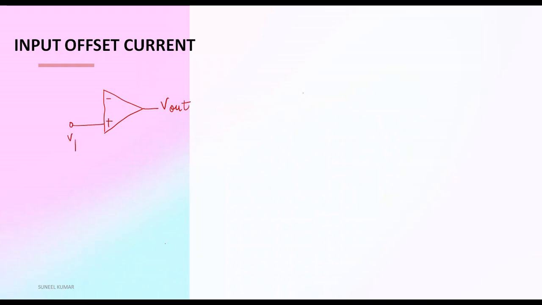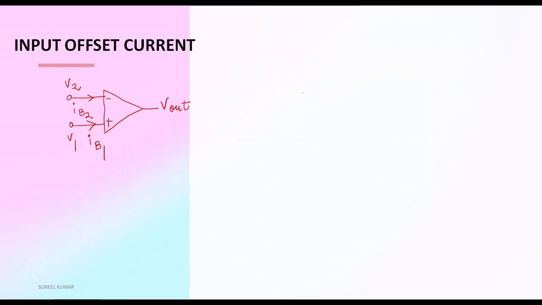This is V1, this is V2, and we have bias currents IB1 and IB2. In an ideal op amp, these two currents should be the same because there is infinite input resistance. But because of imbalance in the circuitry, these currents are not equal. So whatever the difference of these currents is known as the input offset current.